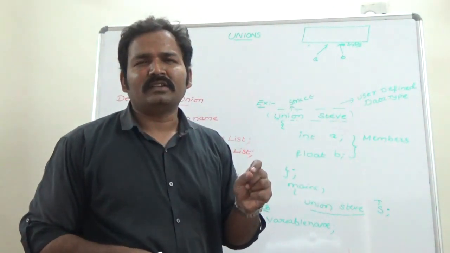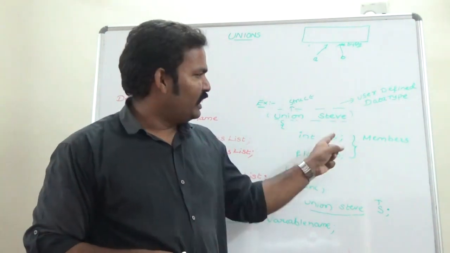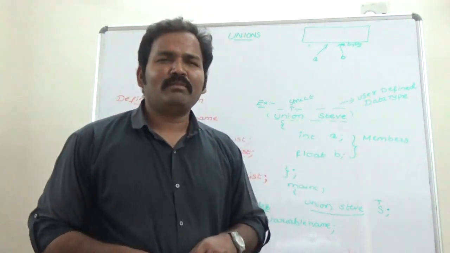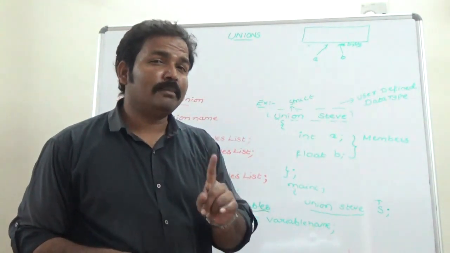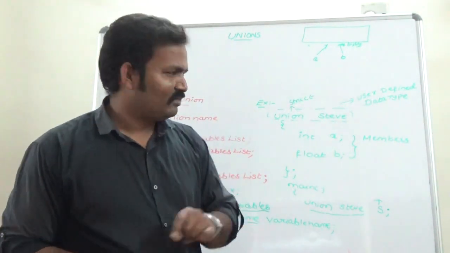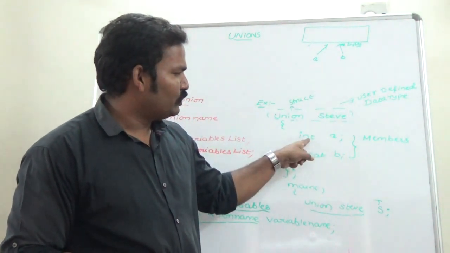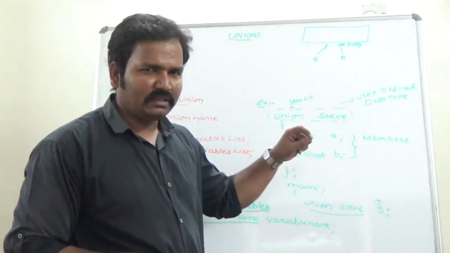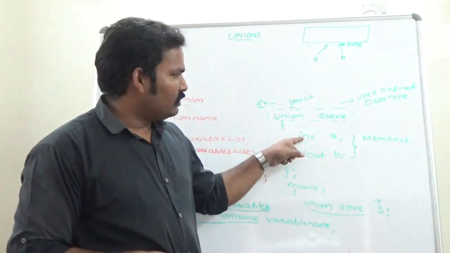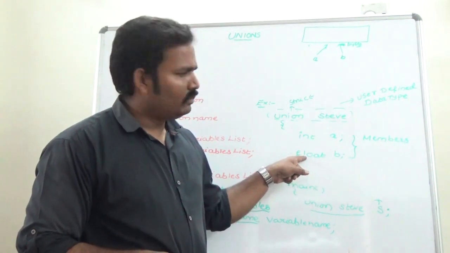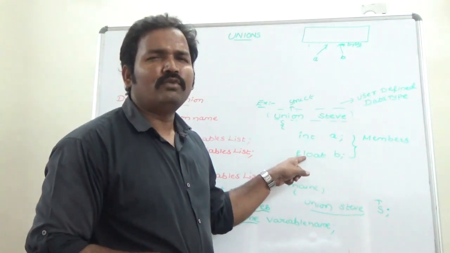For structure members individual memory will be allocated, but for union members one largest member's memory is allocated. Assume the memory size of int is 2 bytes; actually that depends upon the compiler. The memory size of float is 4 bytes.